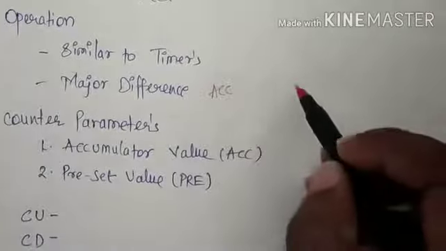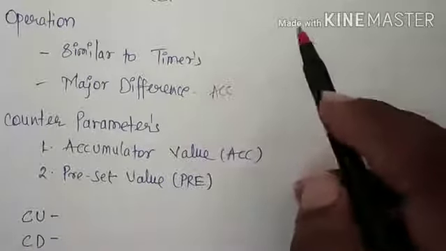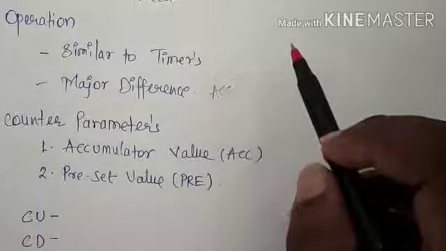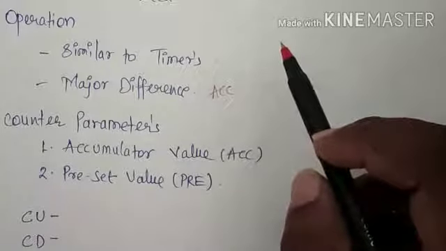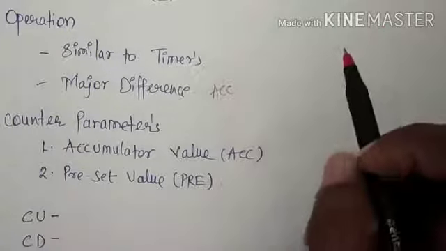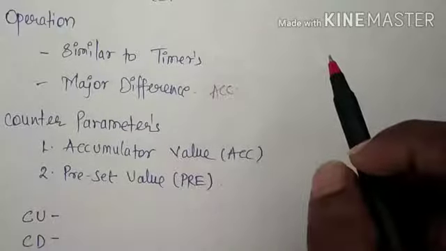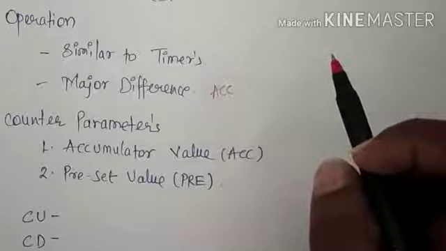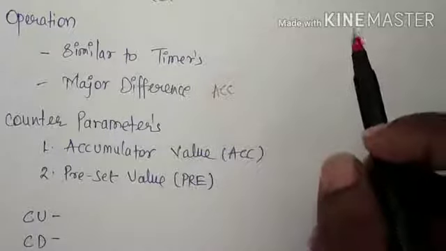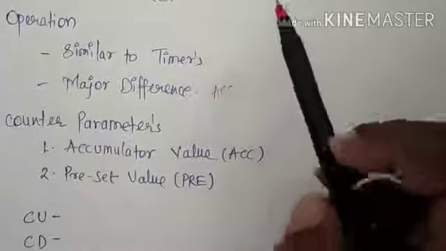In the timer we have seen the timer base; according to that it increments its value. In counters, on the other hand, a complete contact transition from 0 to 1 state occurs, and each time it increments the accumulated value. This means the contact must return to its 0 state before the next transition. So this is the operation part of the counter.